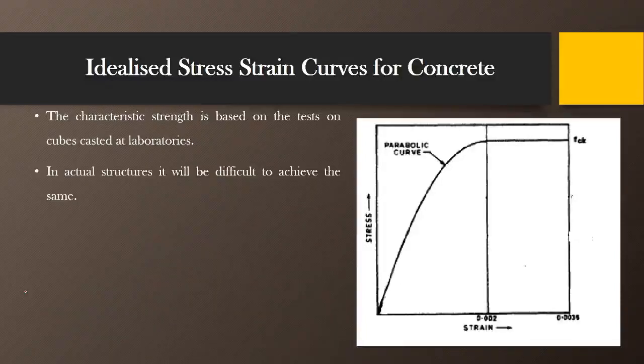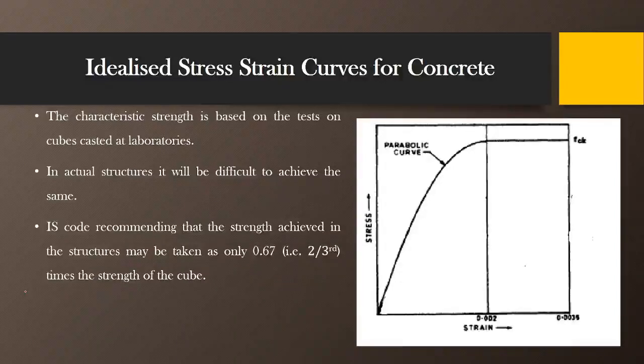But in practice, when we use concrete in structures, it is difficult to obtain the characteristic strength from the concrete placed in the structure. We cannot take concrete from that beam or column and test it because it will affect the durability. So the IS code specifies that the strength achieved in the structure may be taken as 0.67 times, or 2/3 times, the characteristic strength of the concrete.